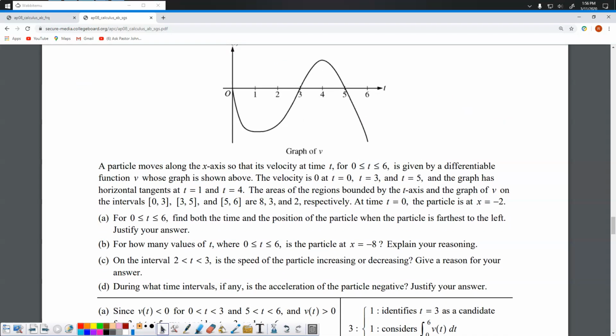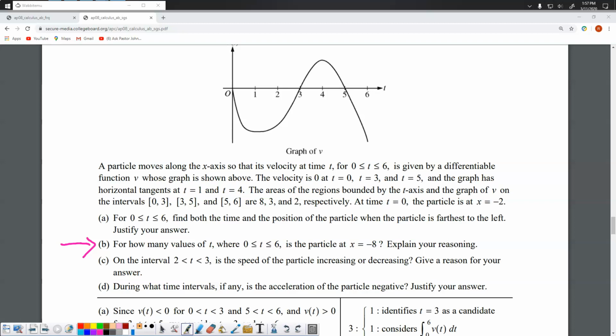Let's talk about B. B says, for how many values of t on the interval from 0 to 6 is the particle at x equals -8? Explain your reasoning.